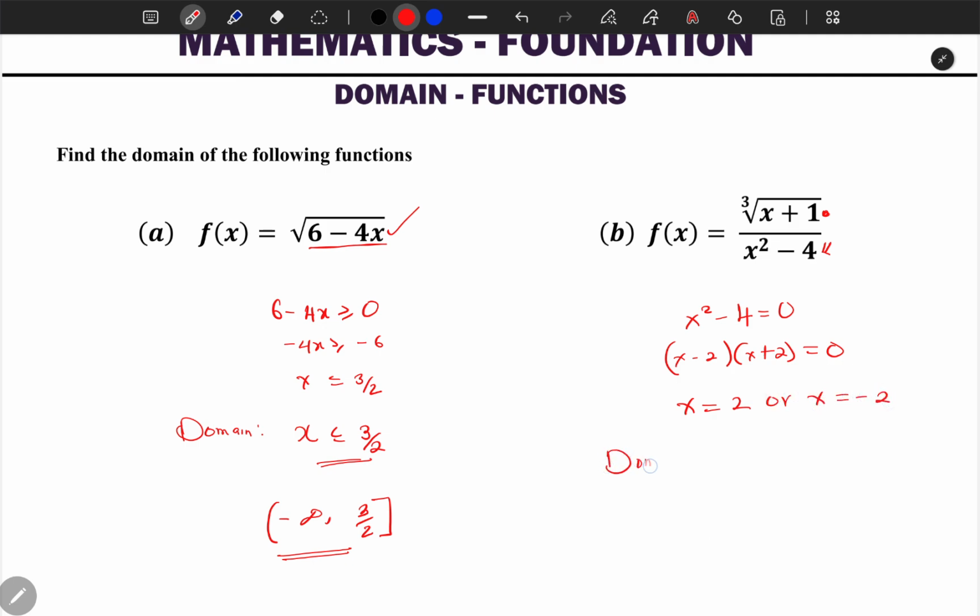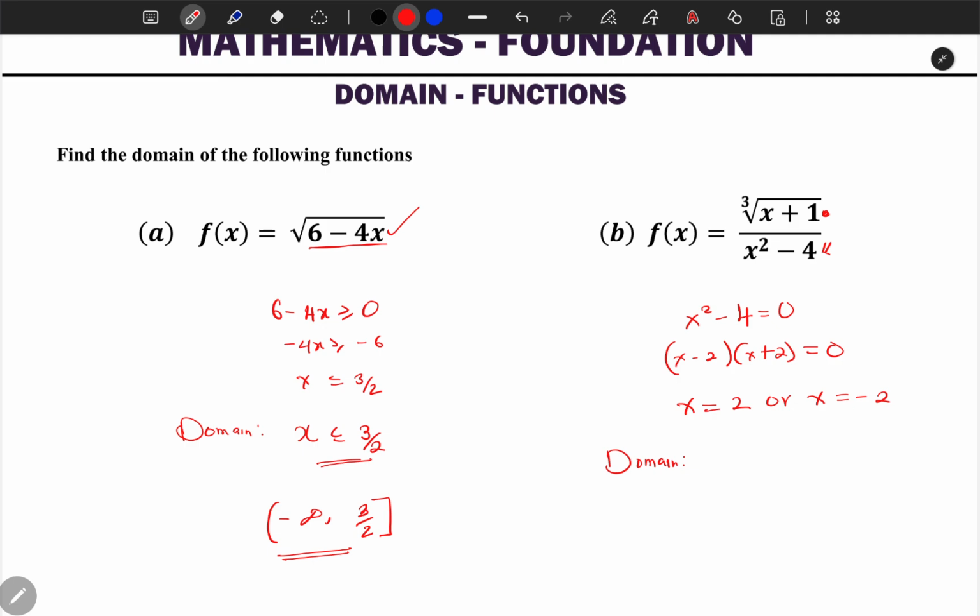So meaning that your domain, the numbers, because there's this, meaning the whole real number line, from negative infinity to positive infinity, x can only be 2 or negative 2.